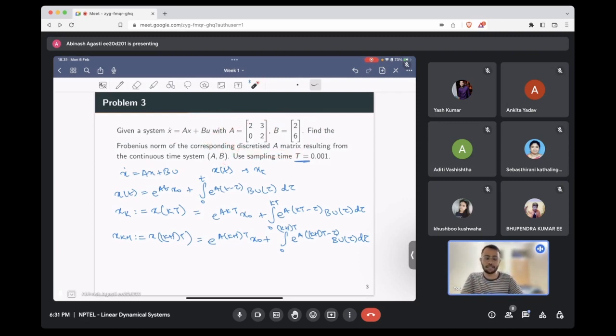I want to discretize that thing with some given sampling time. So how do I do that? So maybe you guys can try writing x of k plus 1 in terms of x of k, given that we have these expressions. Okay, maybe you guys can try for some time, then we'll discuss on it.